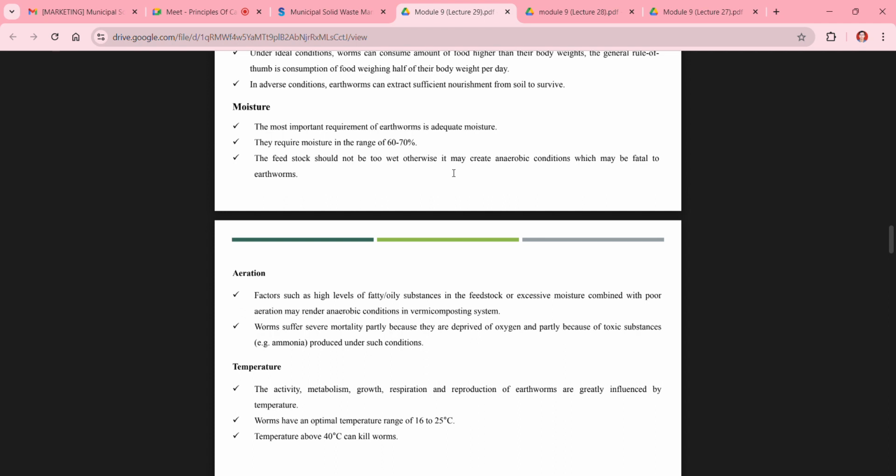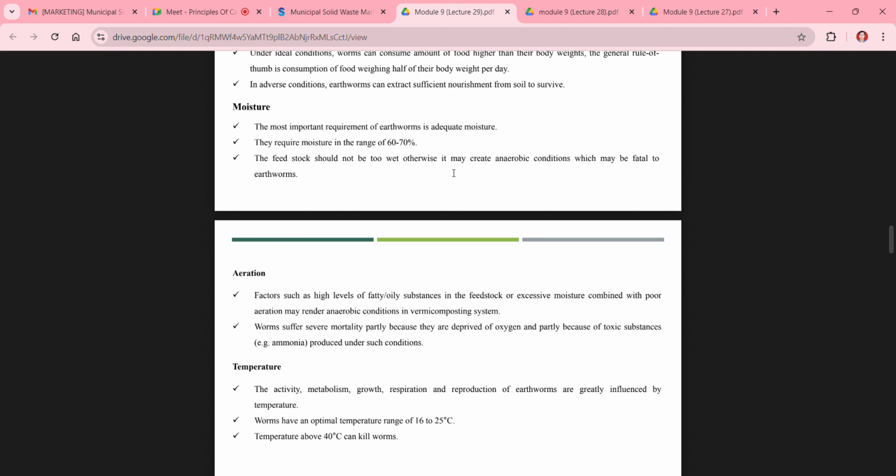The feedstock should not be too wet, otherwise it may create anaerobic conditions which may be fatal to earthworms. However, we need a moisture in the range of around 60 to 70% only. If the moisture content is higher than this 70%, what will happen?